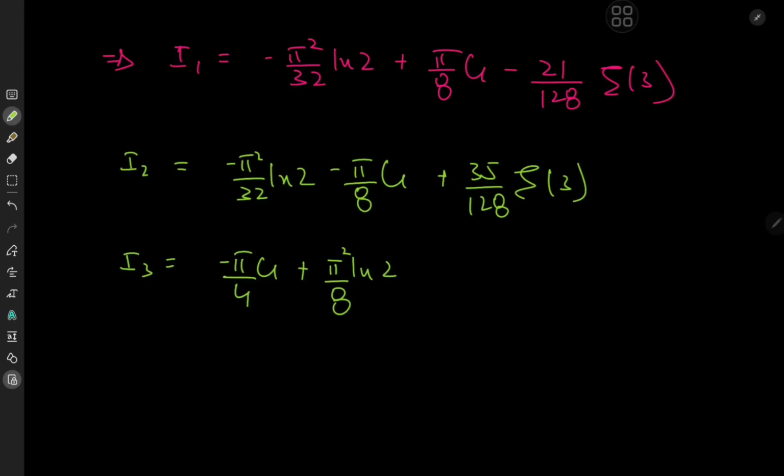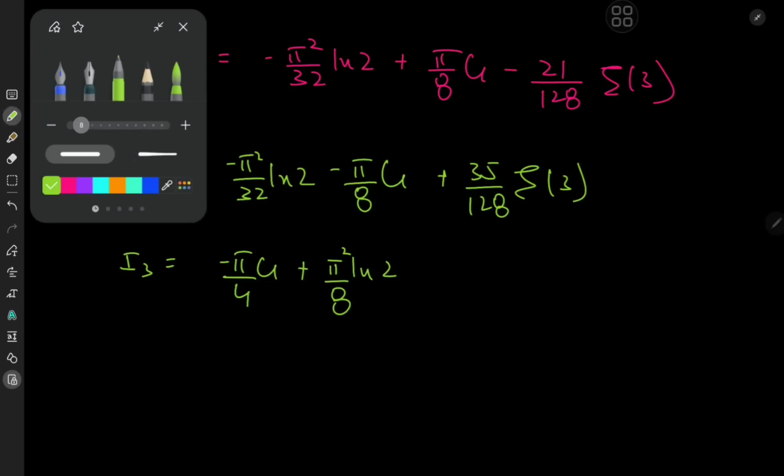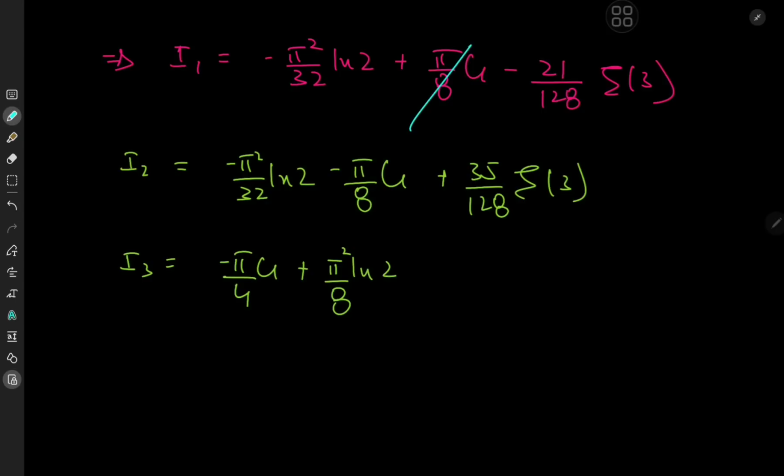So all we have to do now is just add these terms together. And immediately we see some really nice cancellation here. We've lost Catalan's constant, but we've regained it as well. So that's pretty cool. I'll write that straight away, that I equals, wait, we have Apéry's constant as well. That's 14 by 128.